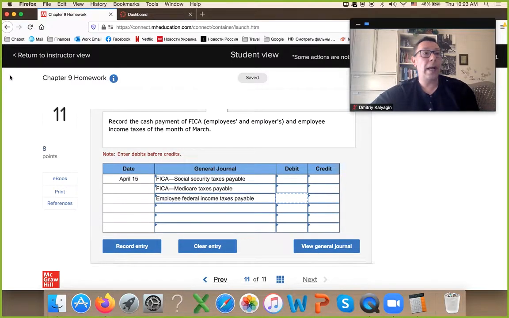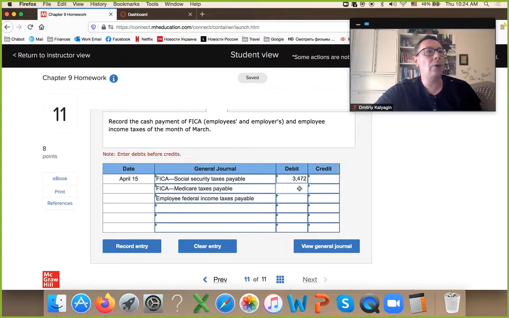So if you look back at March, at the previous transactions, you had Social Security at 1,736 twice. So 1,736 multiplied by 2, you get 3,472. So half of that we withdrew from employees' payroll, and another half we matched, we paid. Same with Medicare.